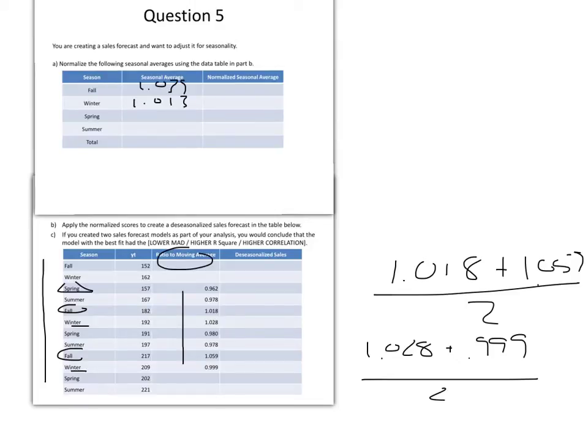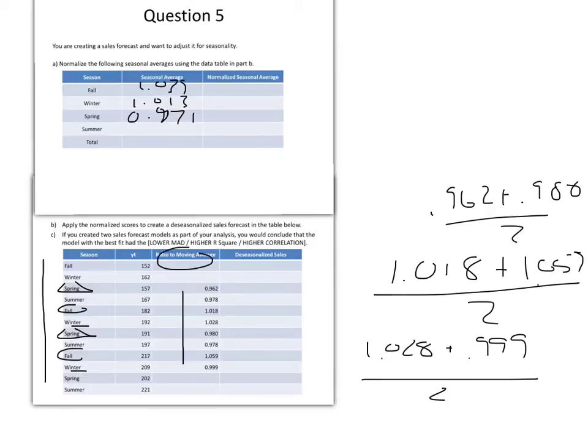Put those in triangles, or sort of, so we can keep that straight. We've got 2 of those as well. And so for spring, we've got 0.962 plus 0.980 over 2. And that comes to 0.971.